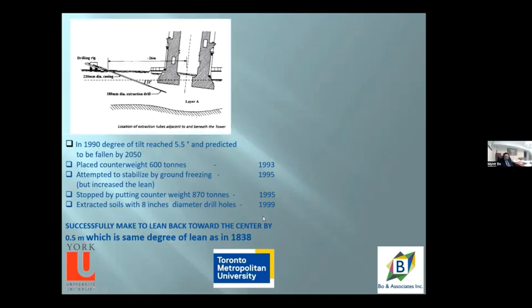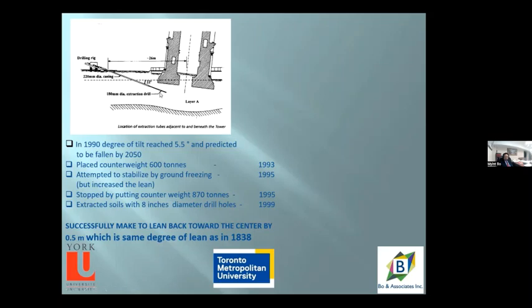Only in 1999, with the development of ground engineering technology, they used the soil extraction method by drilling inclined holes down to underneath the footing and extracting the soil from underneath the footing. By extracting the soil, voids occur. When the void closes, the tower leans back to the south.